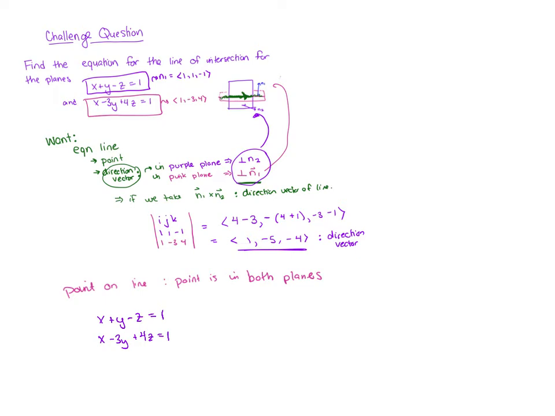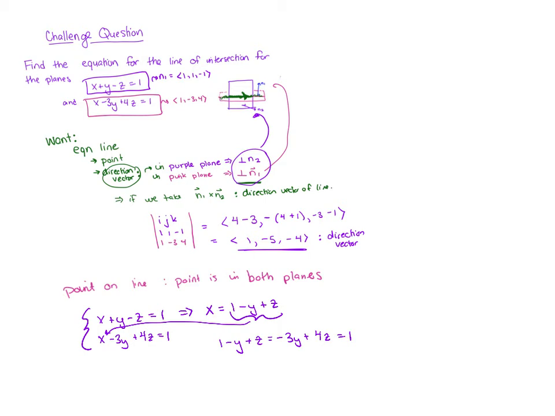So I can try to just set up and solve a system of equations. So from the first equation, I can solve for x. So x is equal to 1 minus y plus z. I plug that in for the x in my second equation. Oops, I don't know why I said equals 1 there.